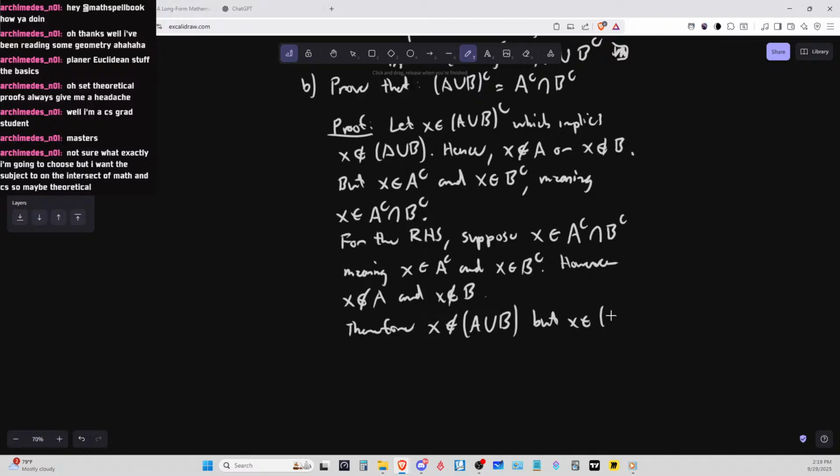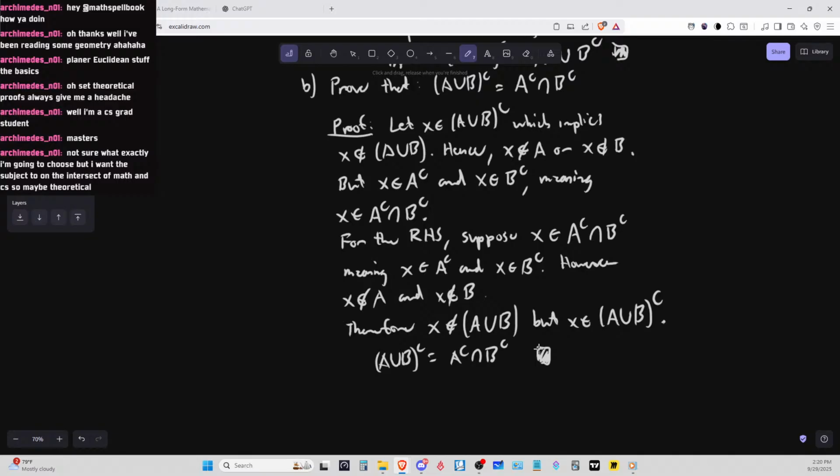Is an element of A complement. Check my proof to make sure it's right.